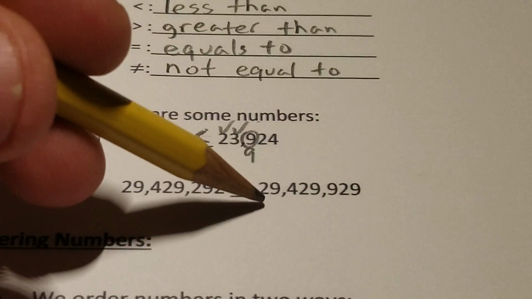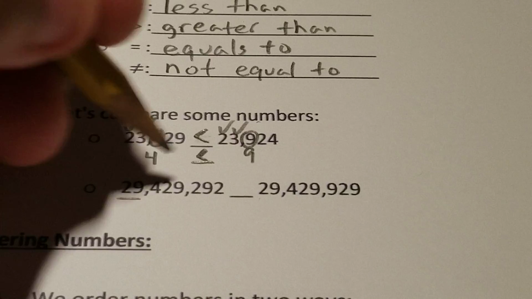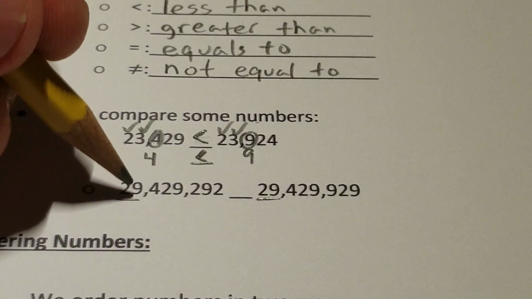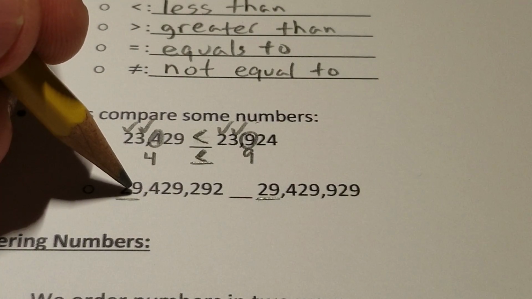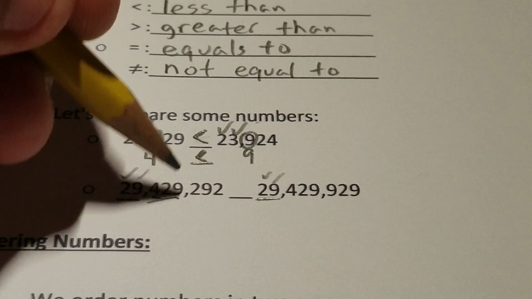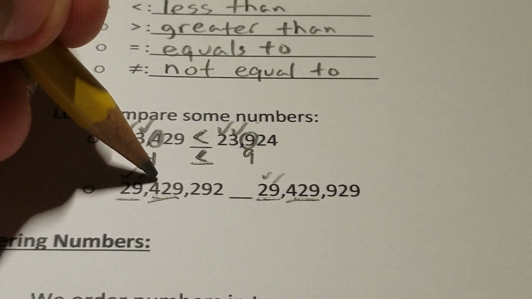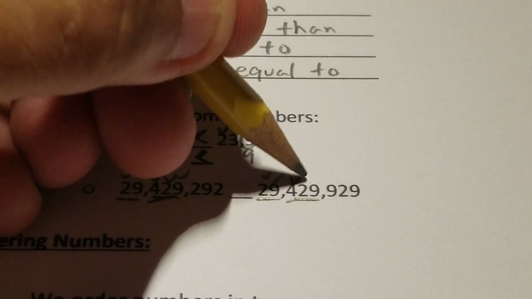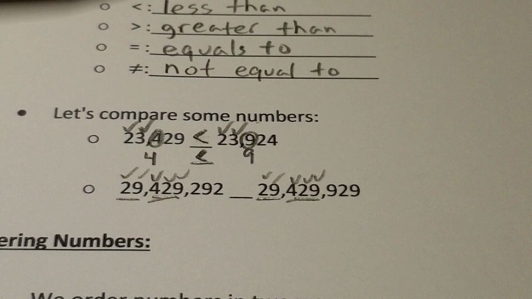Well, let's see. In the millions place, to make it easier, they both share 29. Okay. Easy to check. In the thousands period, they both say 429. So perfect.